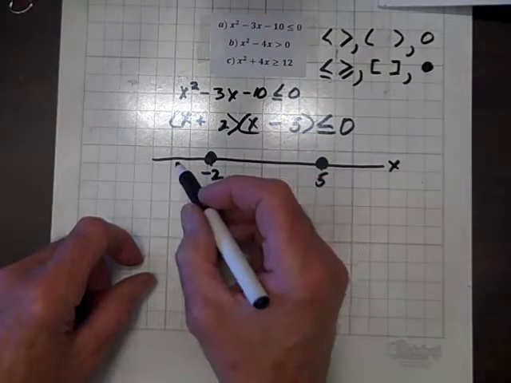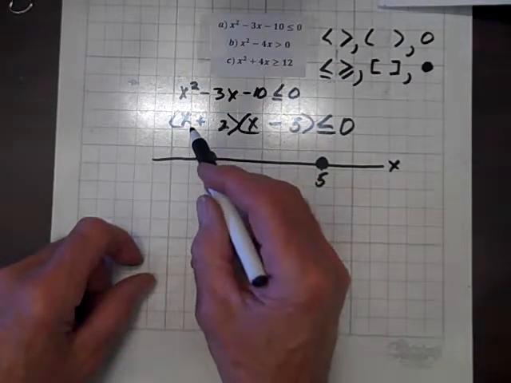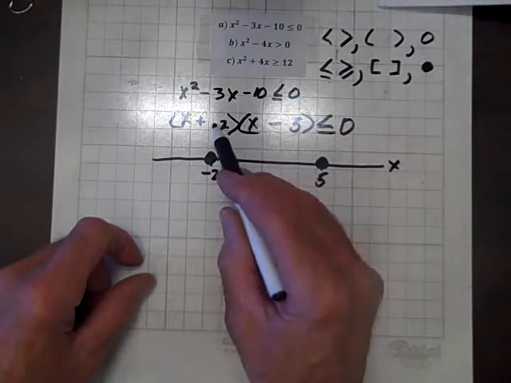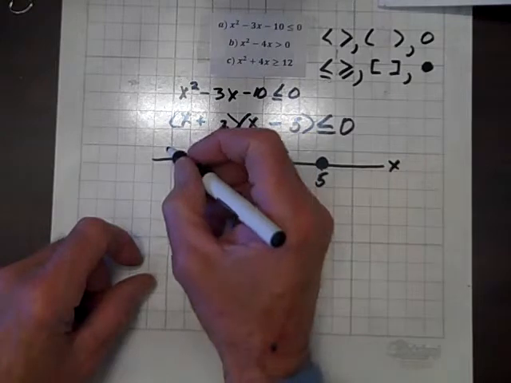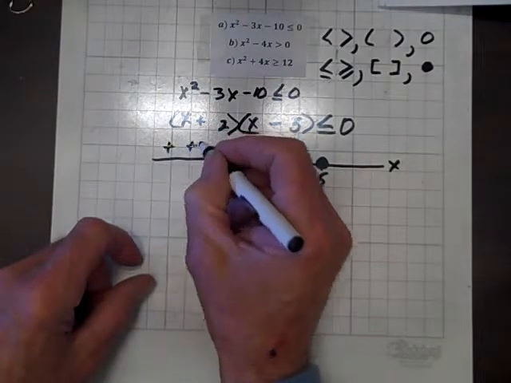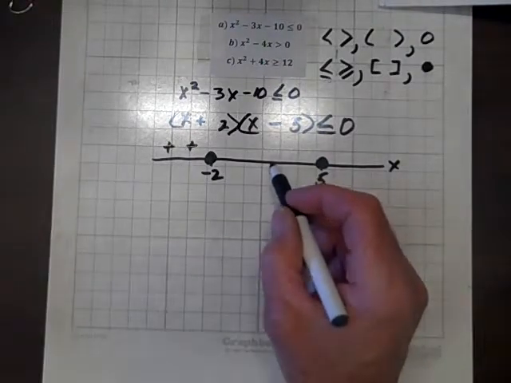How about negative 10, which is in this interval? If we replace each x with negative 10, we'll have a negative times a negative, and the product of an even number of negatives is positive. Let's check a point in this interval. How about 0?